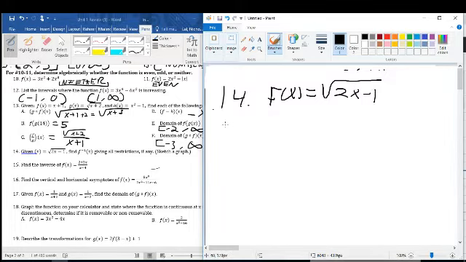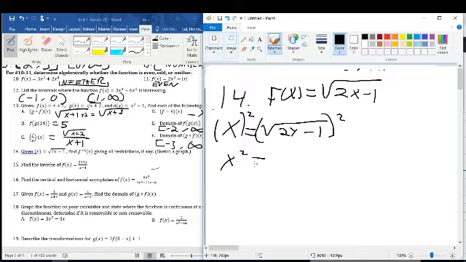So first of all, we can start out with x is equal to the square root of 2y minus 1, and square both sides. So x squared is equal to 2y minus 1. You could add 1 to each side.